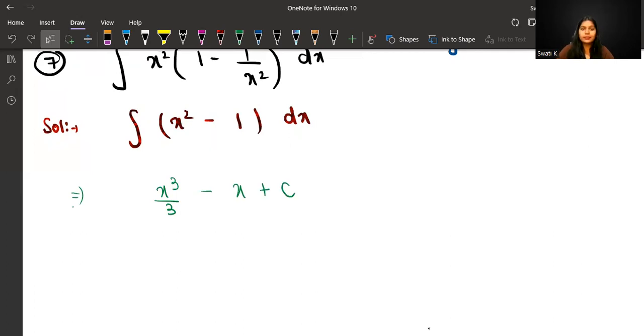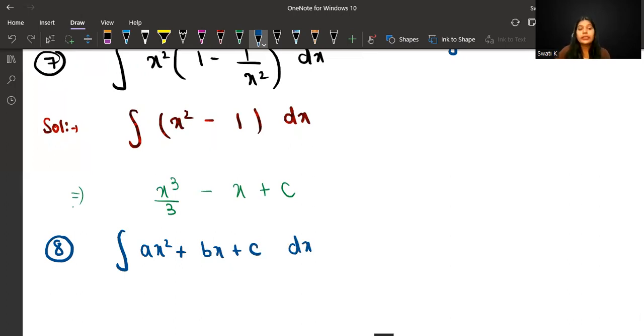So that's the answer. Now we can go to the next question, which is question number 8. In question number 8, we have to integrate ax square plus bx plus c into dx. Integration of ax square plus bx plus c into dx, right? Very simple.